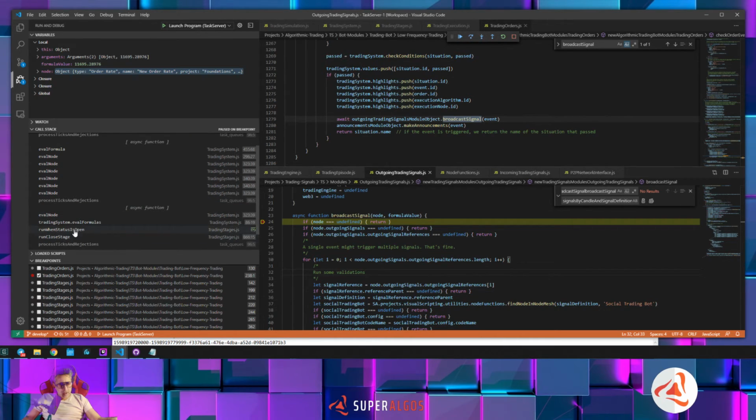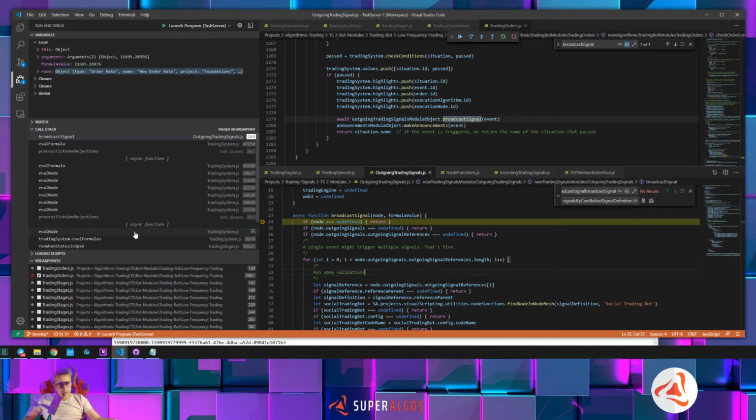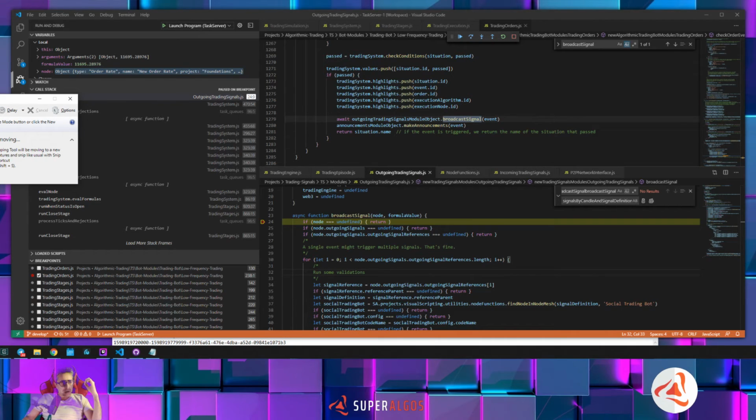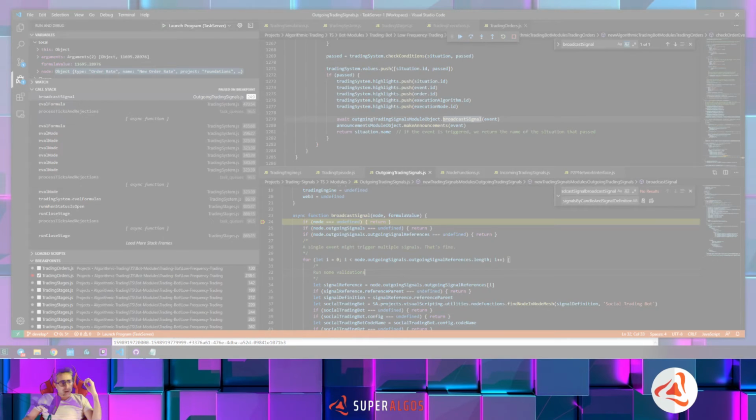Here says run with status. I'm going to capture this call stack, an image, to see if I can figure out what's going on.